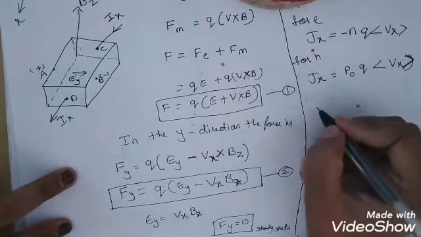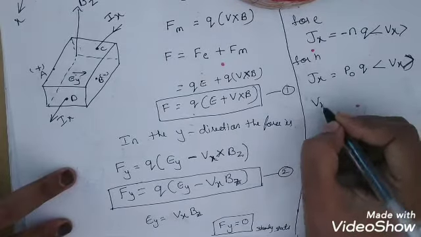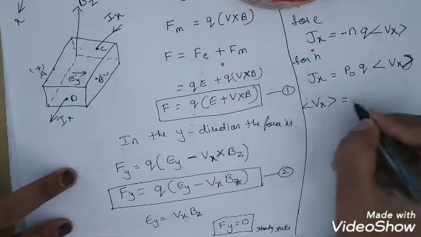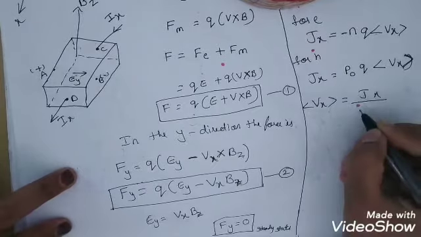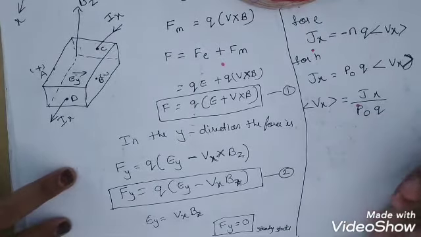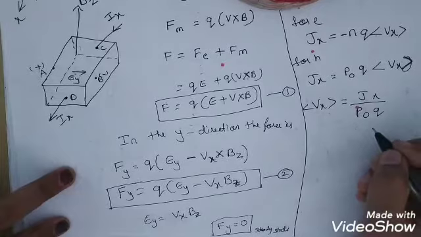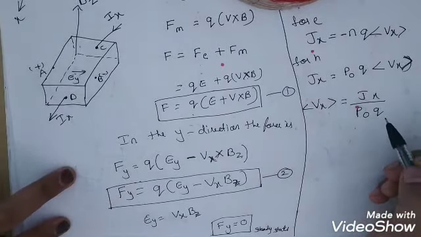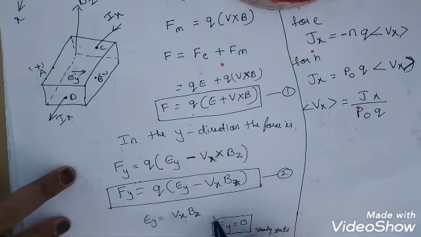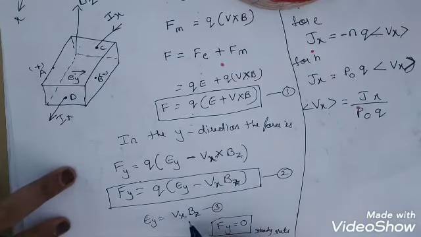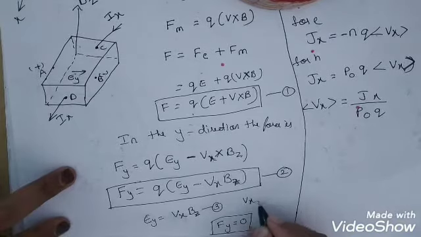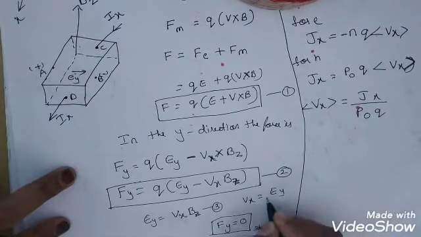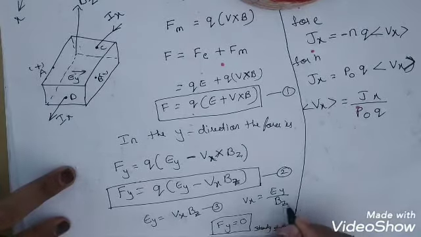So again, if we rewrite this as Vx is equal to Jx by P naught into Q, and substitute this equation, call this equation number 3, we can rewrite this equation as Vx is equal to Ey by Bz.